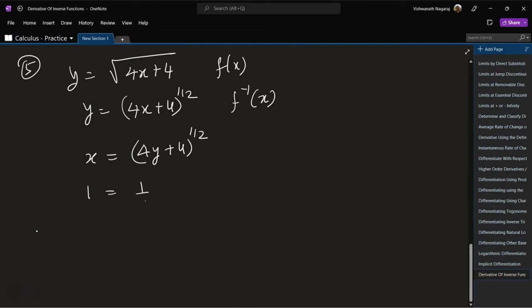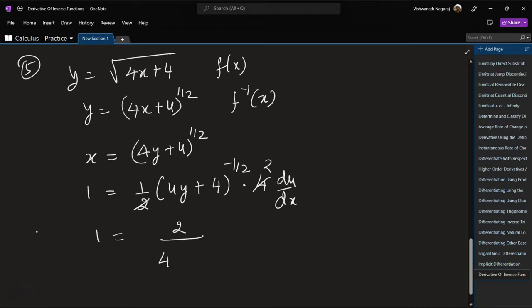1 is equal to 1 by 2 times 4y plus 4 to the power of minus 1 by 2 times 4 dy by dx. Now 1 is equal to 2 times 2 is 4, so we get 2 by 4y plus 4 to the power of 1 by 2 times dy by dx.